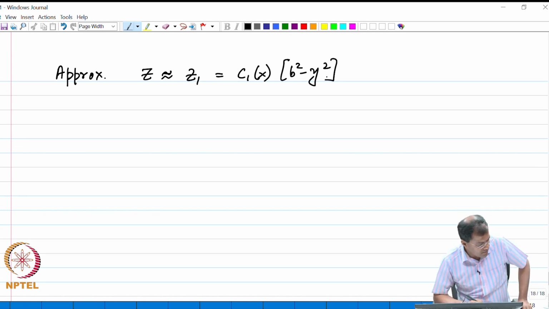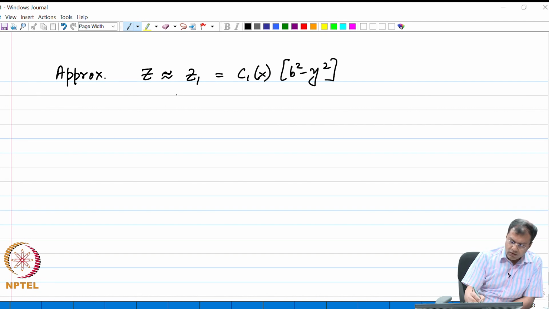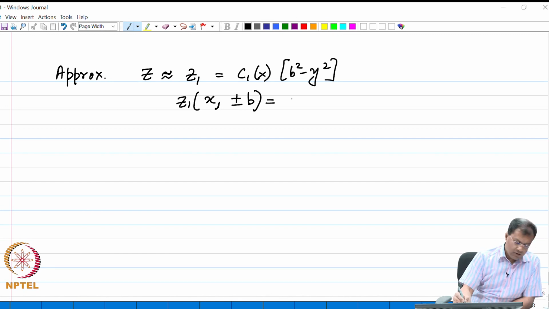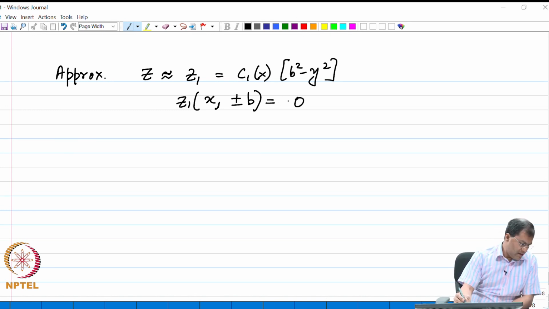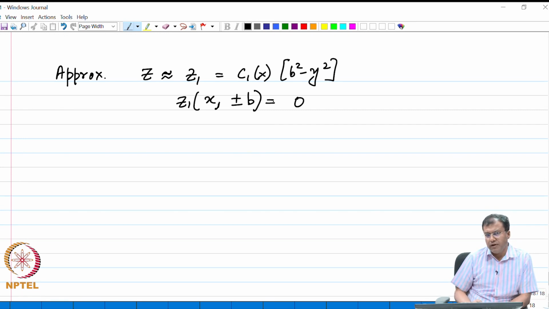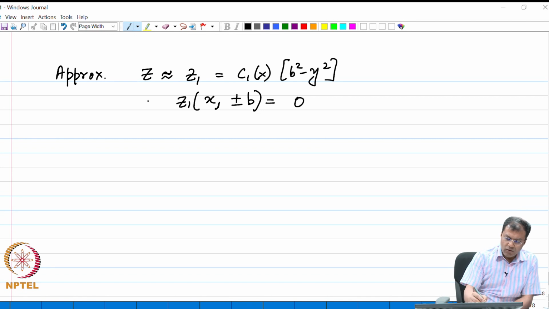We note that z1 of x, plus minus b, the way we have chosen z1, vanishes on the boundary plus minus b. So now our approximation is such that we are left with two more boundary conditions, that is at x equal to a and minus a, which we will utilize later on. We have already utilized two boundary conditions.